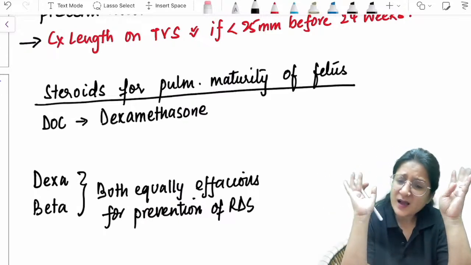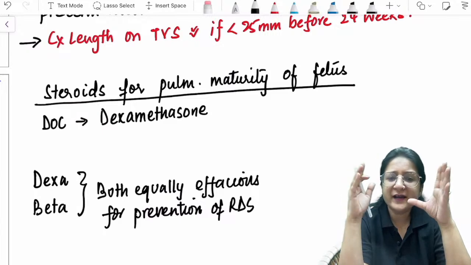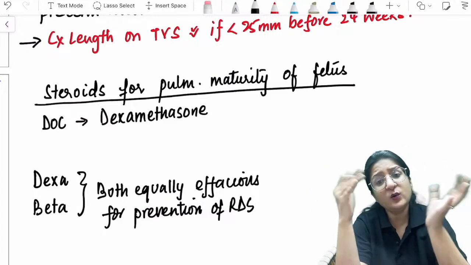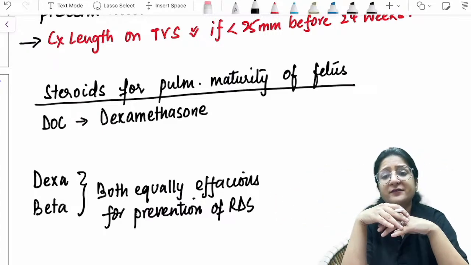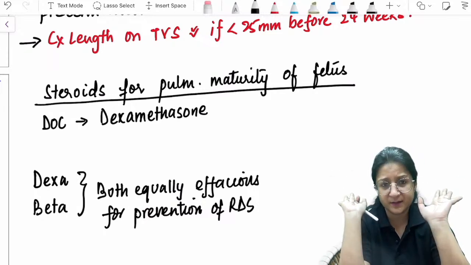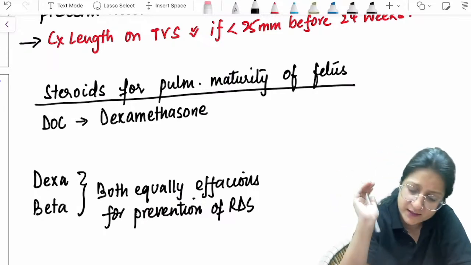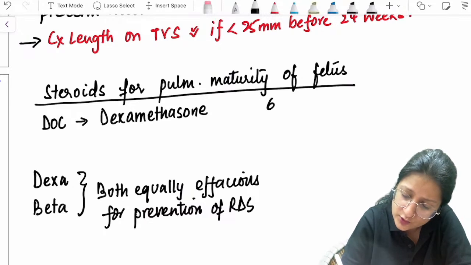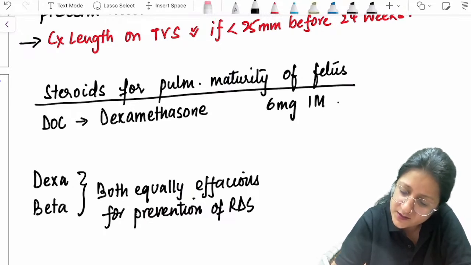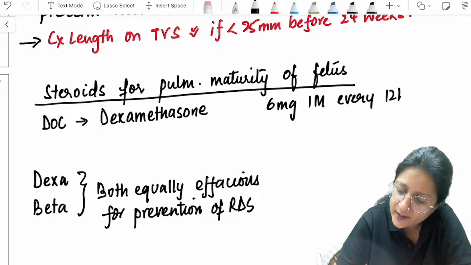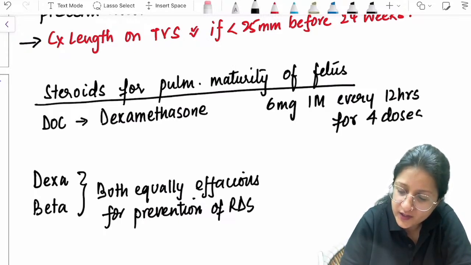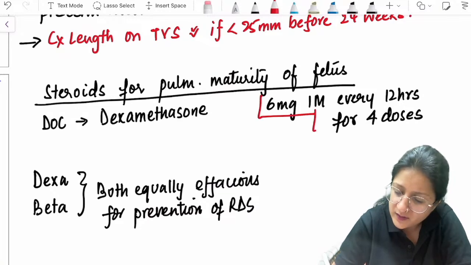Okay, earlier textbooks used to write beta is slightly better. Newer textbooks are now saying that they are equally efficacious, and we have always been using dexamethasone. So drug of choice for us is dexamethasone. They ask you dose also, 6 milligram intramuscularly every 12 hours for 4 doses. This is so commonly used now.